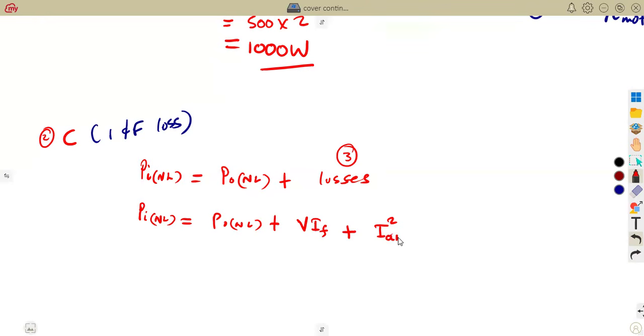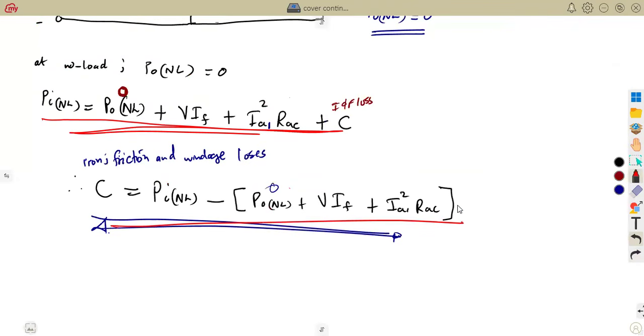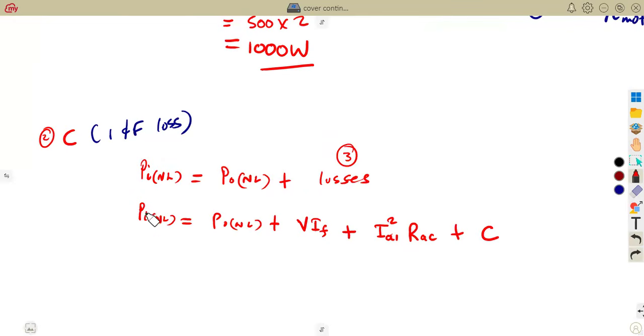At no load, I'm just going to use 1 there times the resistance of the armature circuit. Then also we have C, which is the iron, friction, and windage losses. Remember, this is what you want to calculate. And you can make it the subject like this. Or you can just substitute these values, guys. We have the input, everything.